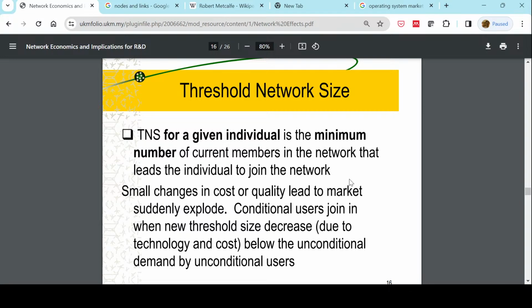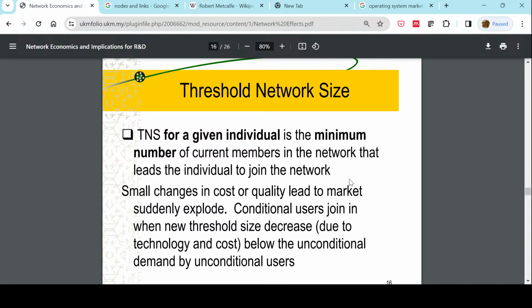It's too far, and I have to drive, for example, 3 hours or 5 hours. That's too far for me. But if 50 people come, I want to go. That 50 people is the minimum number. That's the threshold size, the network size, for example.